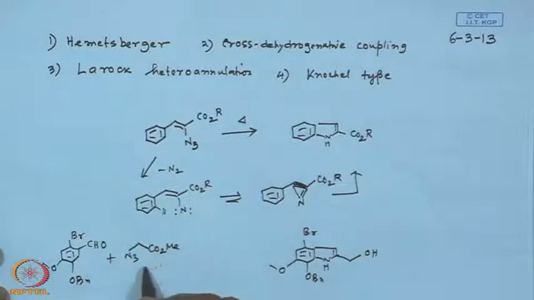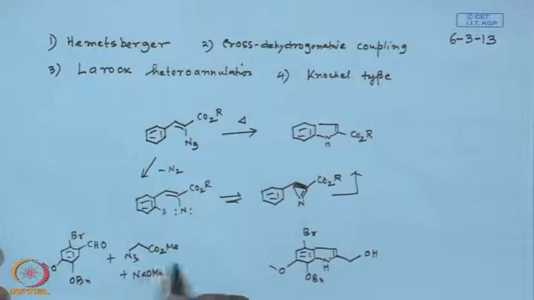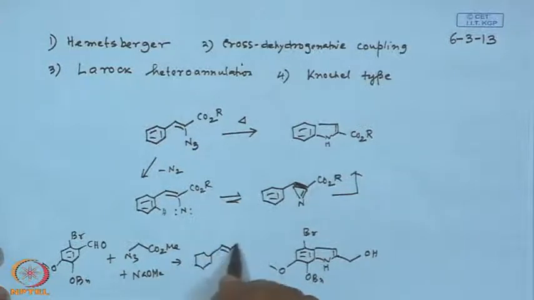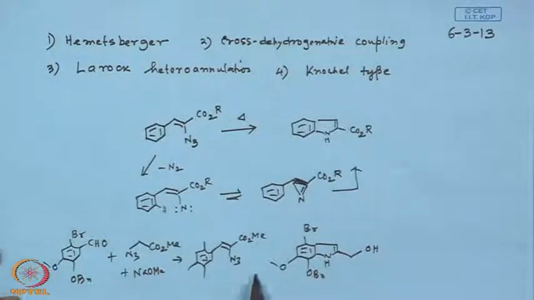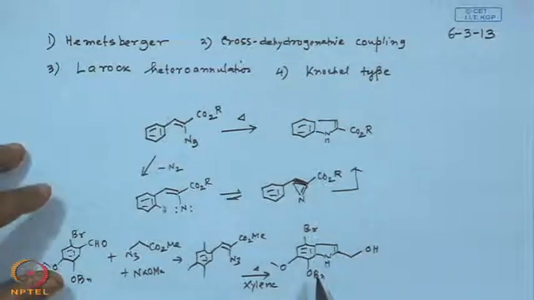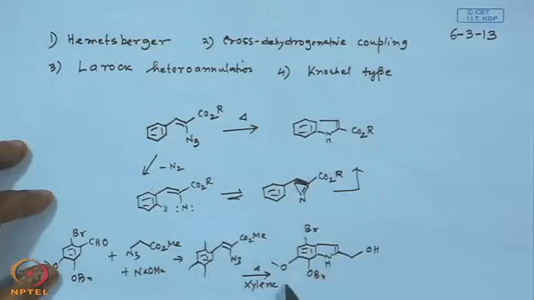Take sodium ethoxide or methoxide, then typically you will find, just like in an aldol type of condensation, you will get this azidoester. And then just simply heat in xylene solution, and you will get the corresponding indole.